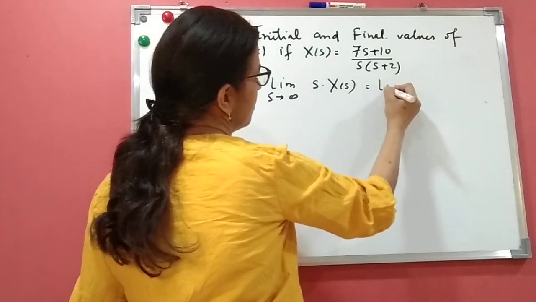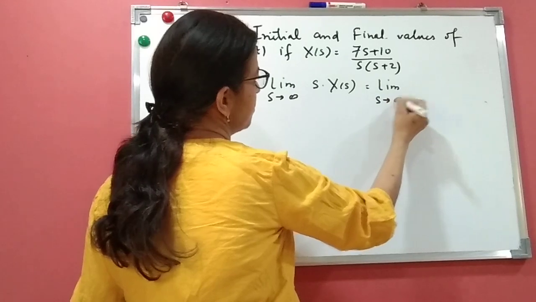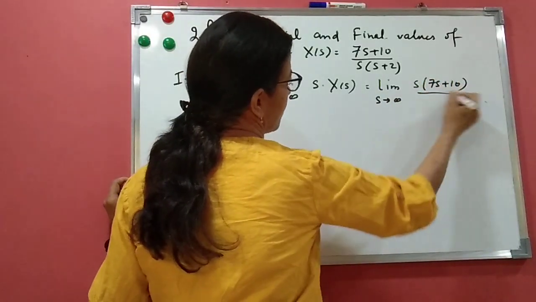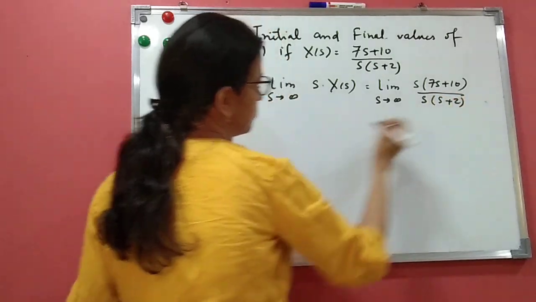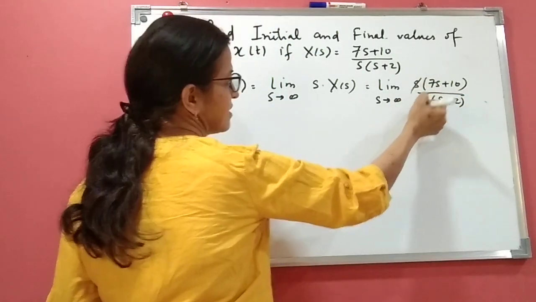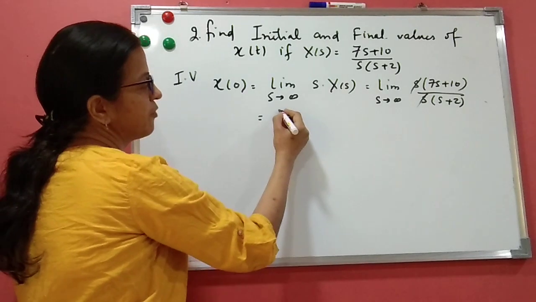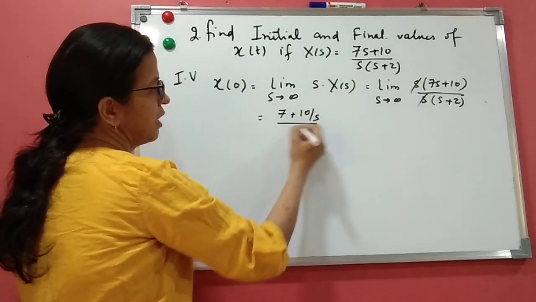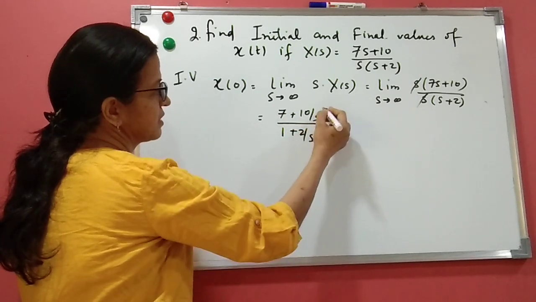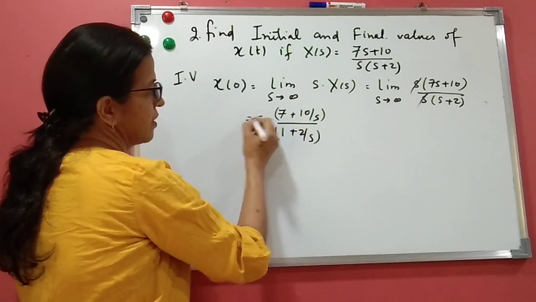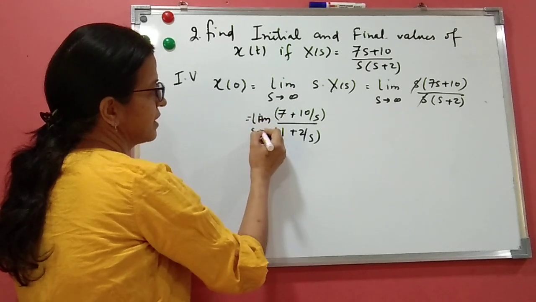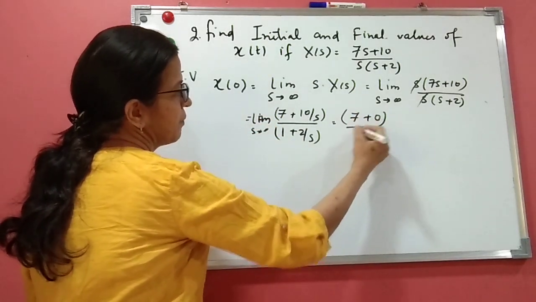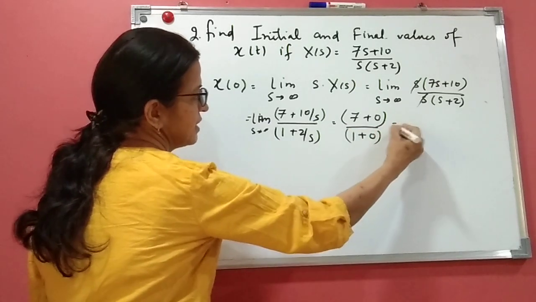So you can write here limit s tends to infinity of s into (7s plus 10) upon (s plus 2). If I put infinity, I have to divide by s. So (7 plus 10 upon s) upon (1 plus 2 upon s), limit s tends to infinity. 7 plus 0 upon 1 plus 0. The answer is 7.